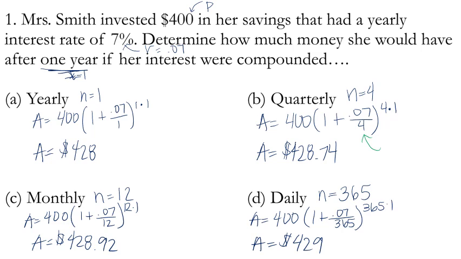So if 7% is your annual percentage rate, that means that you're paying 7% over the course of the entire year. But if we're compounding quarterly, then we would take that annual percentage rate, that total percent that you're paying in interest, and divide it by 4 so that you're not paying the whole 7% every single quarter. You'd be paying 1/4 of it every quarter, okay? So that's kind of where that comes from.